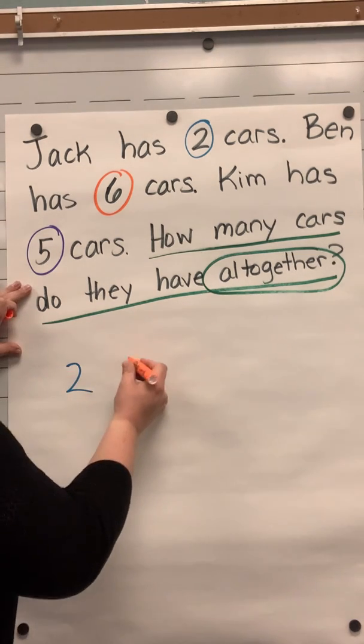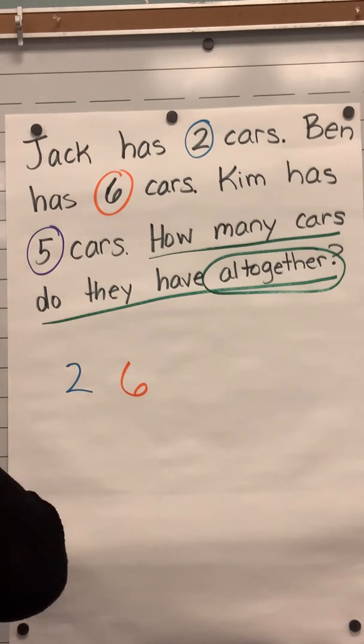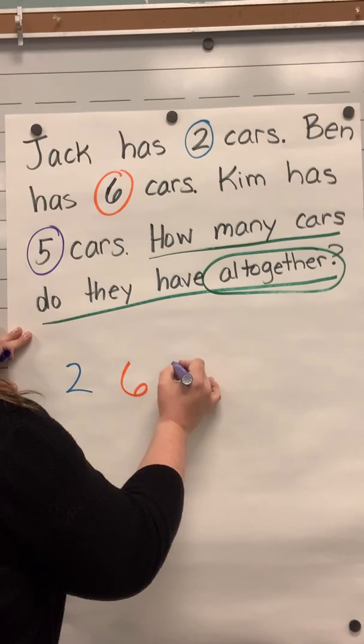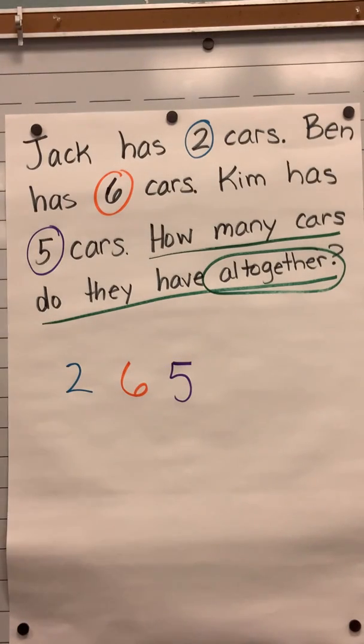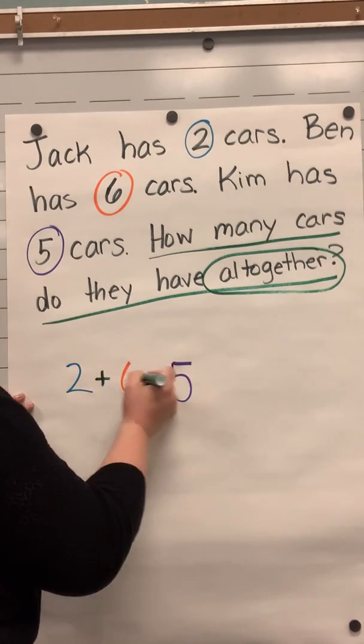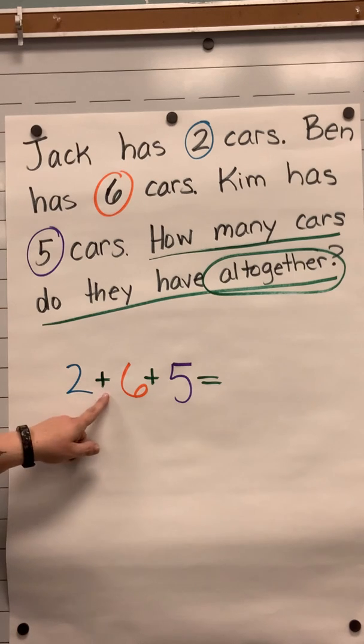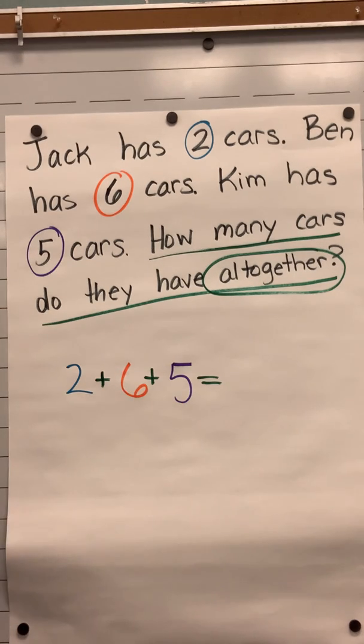Ben has 6 cars, and Kim has 5 cars. And as we said before, that word all together tells us that we are going to add those numbers. 2 plus 6 plus 5.